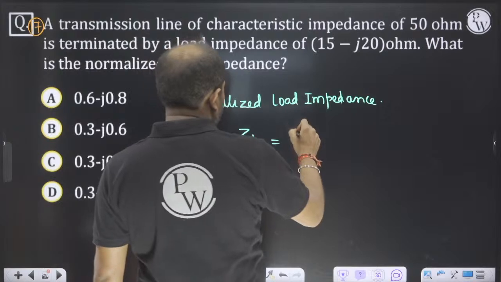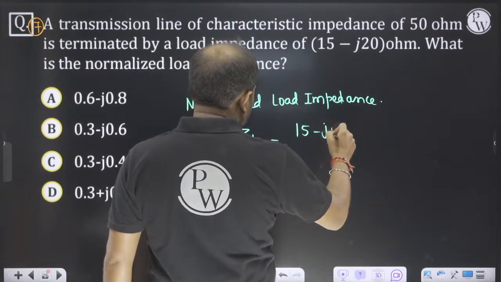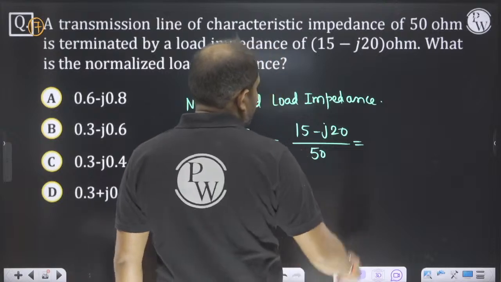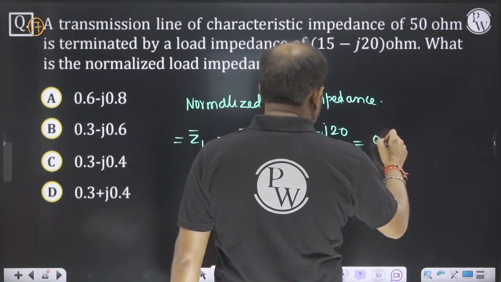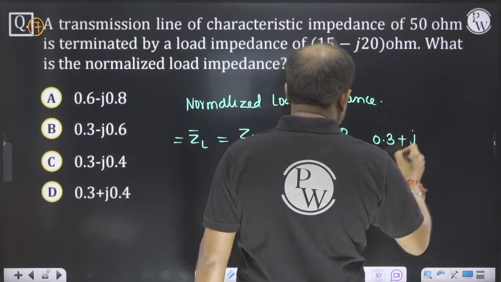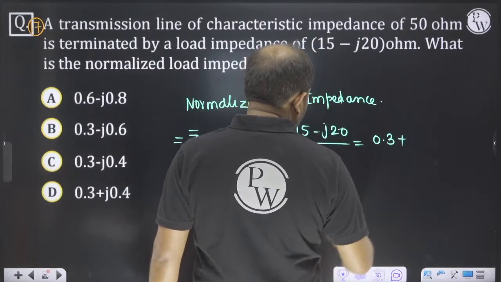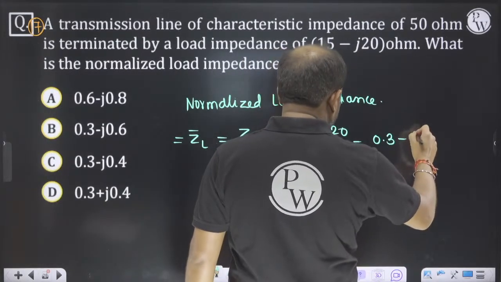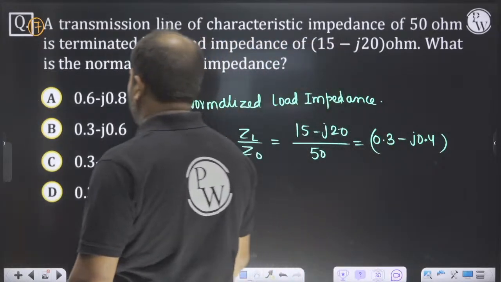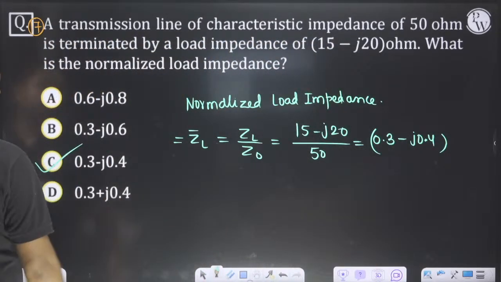ZL is how much? 50 minus j20, and Z0 is how much? 50 ohm. So it will be 0.3 and 0.4. So 0.3 and 0.4, the answer will be C.